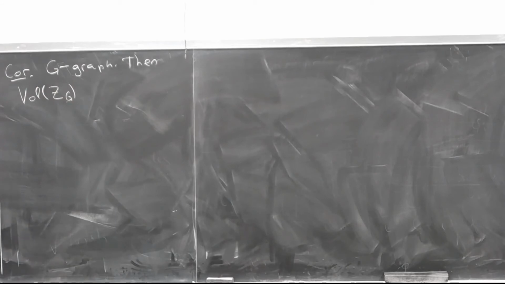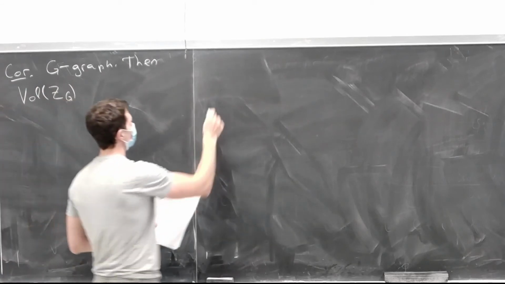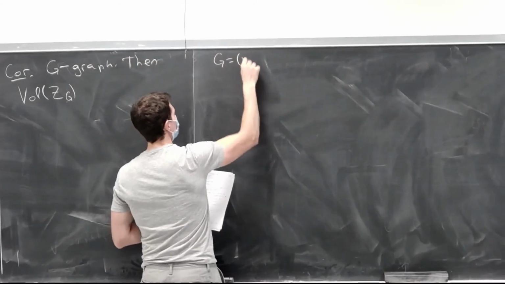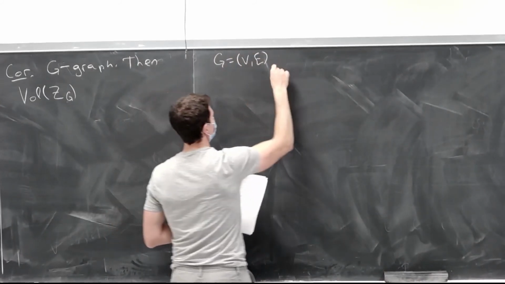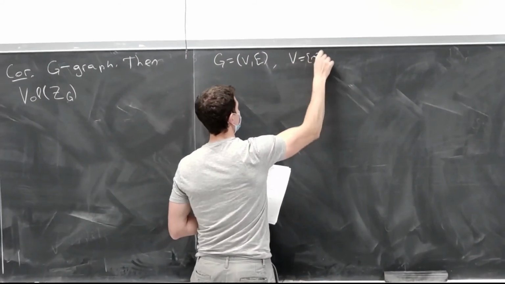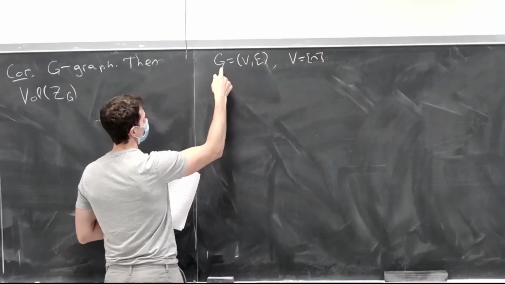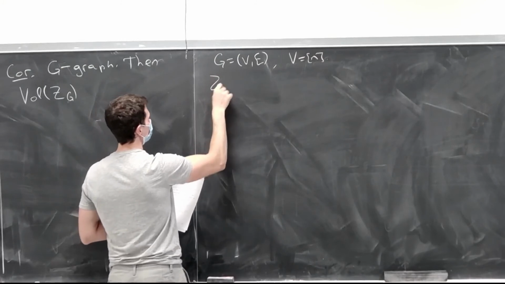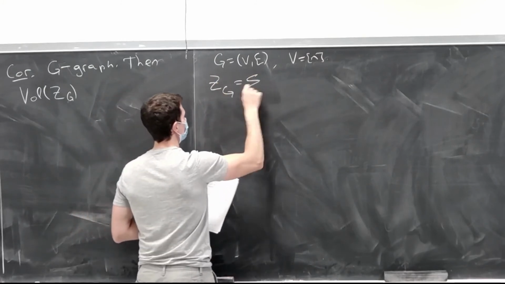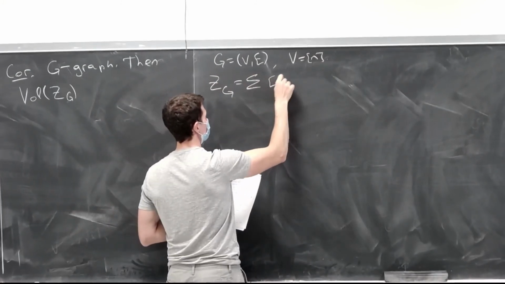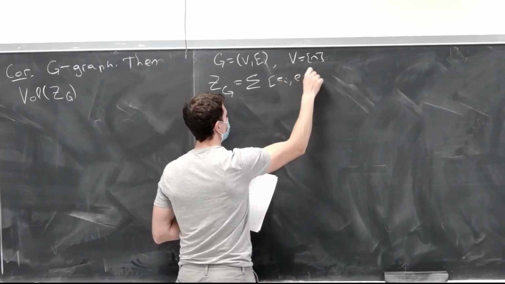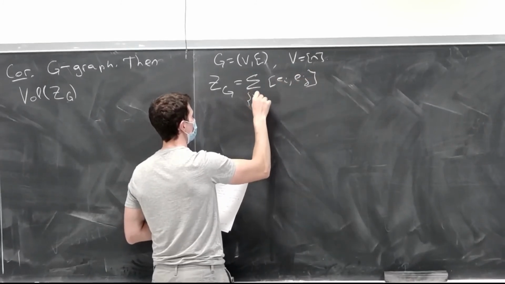Did I remind you? Okay, so if G is a graph, and you label the vertices by [n], then you can take the corresponding zonotope, which is the sum of these line segments from e_i to e_j, where ij is an edge.